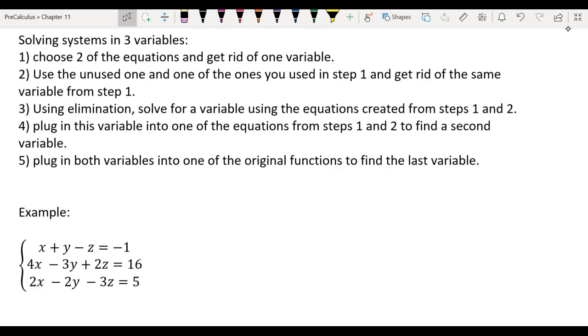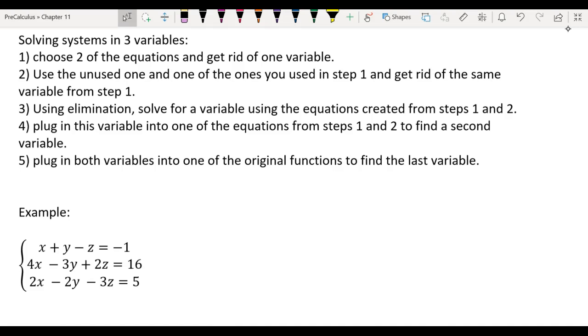Then you use the unused one and one of the equations you used in step 1 to get rid of the same variable from step 1. Then using elimination, you use these 2 new equations to solve for one variable, and then you start going backwards, plugging that in to find the other 2 variables.